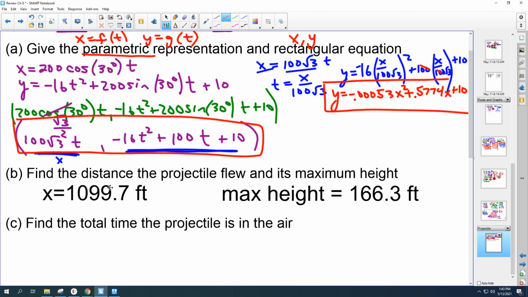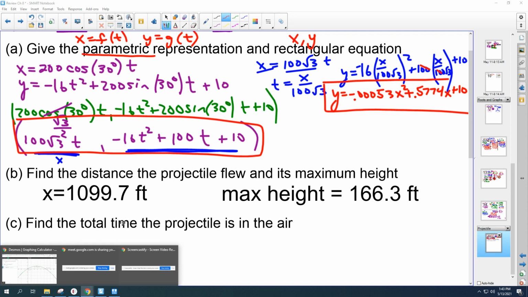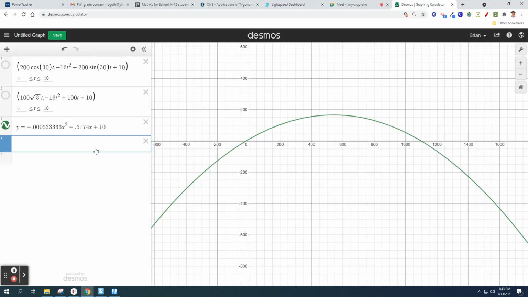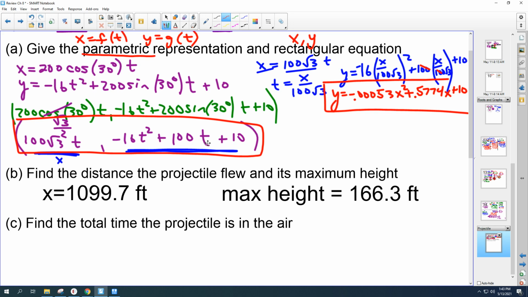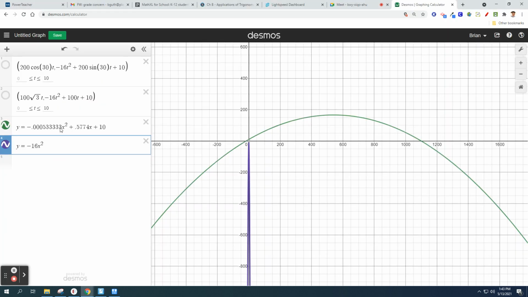Either you look at this equation with the y part. So check it out. We can go y equals negative 16t squared plus 100t plus 10. I'm going to put an x in it, so negative 16x squared plus 100x plus 10. I want an x in there so I can actually click on it.